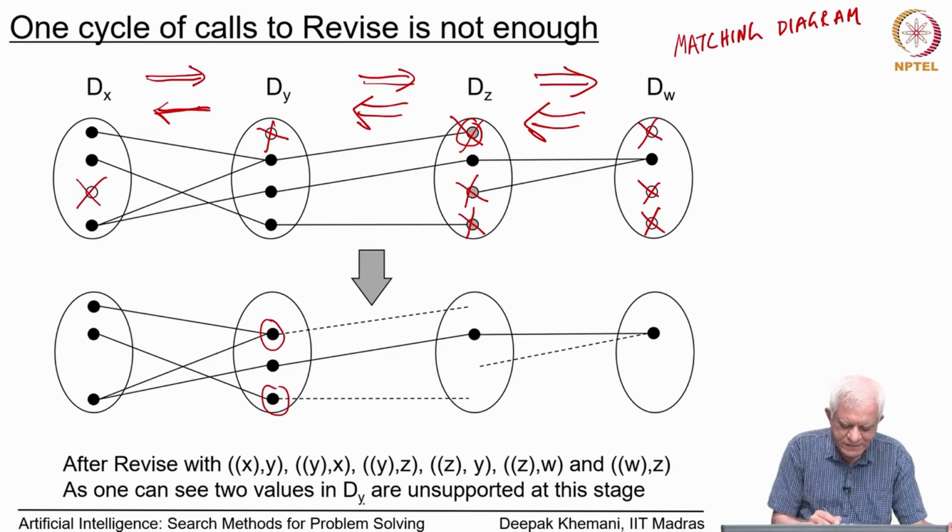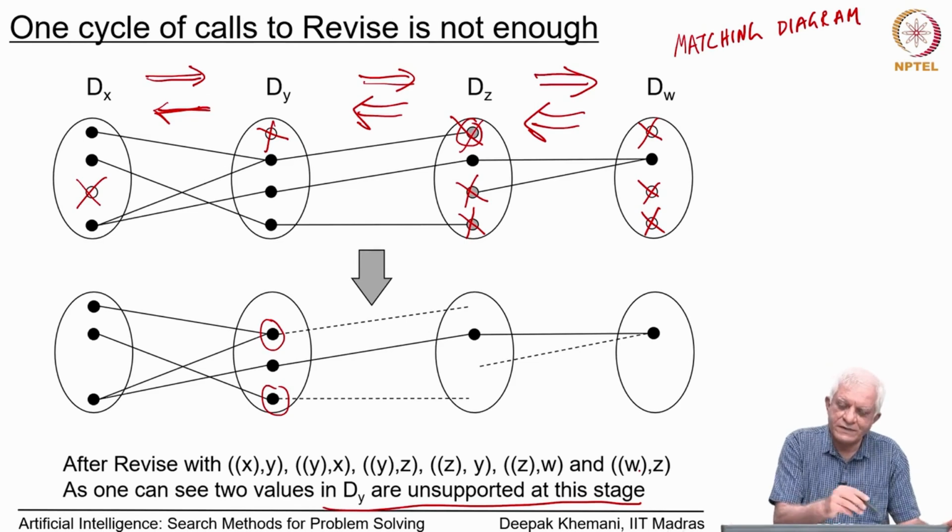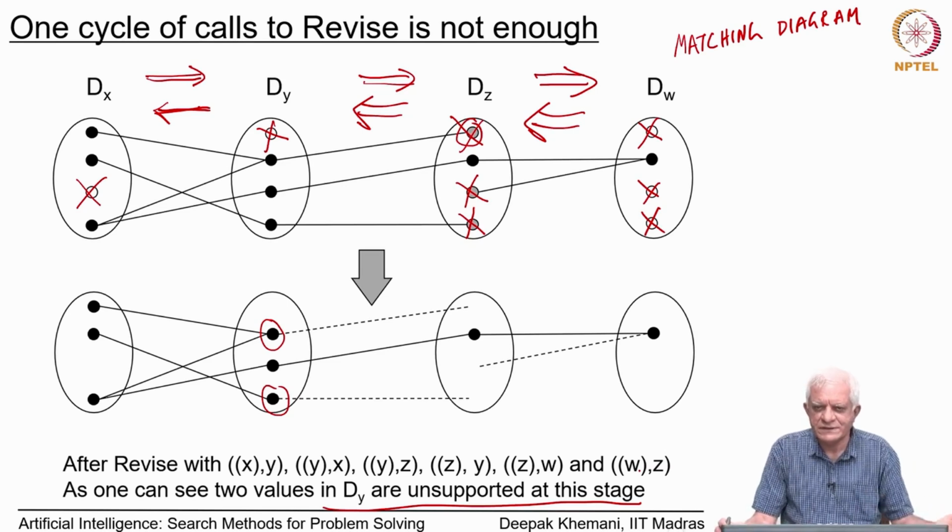So, there are 2 values in y which are unsupported at this stage actually. So, clearly this one cycle of doing revise x with respect to y, y with respect to x, then y with respect to z and z with respect to y, and then z with respect to w and w with respect to z will not work, because at the end of it the network is not arc consistent.